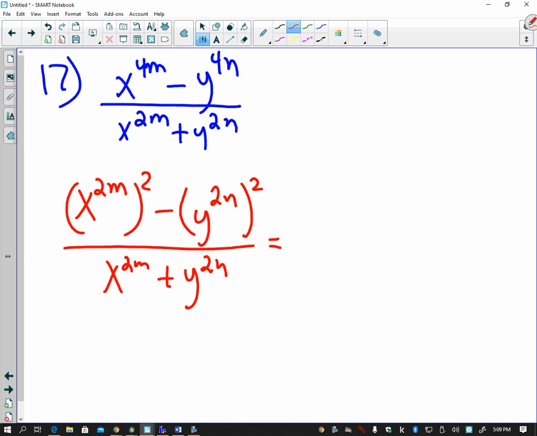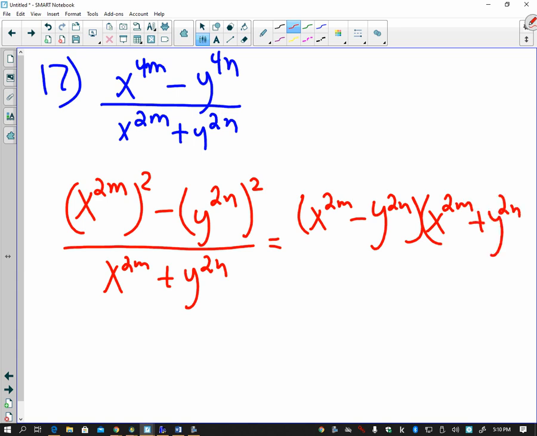Well, I'll show you. In their numerator, they leave the denominator alone completely. So they have x to the 2m minus y to the 2n. They give x to the 2m plus y to the 2n, all over our common denominator, x to the 2m plus y to the 2n.